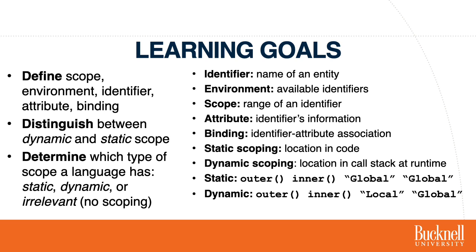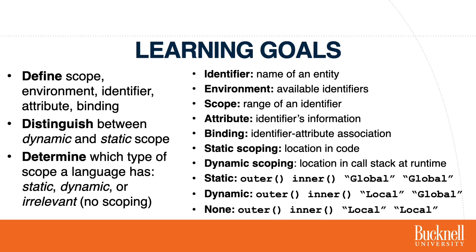In a dynamically scoped language, when we do call outer and then inner, we'll get local the first time because when inner is called inside of outer, inner uses outer's version of the variable. But when inner is called directly by the main program, it will print global.